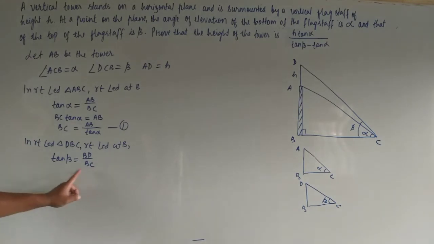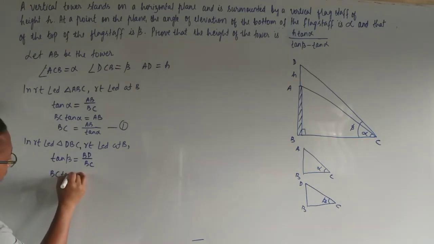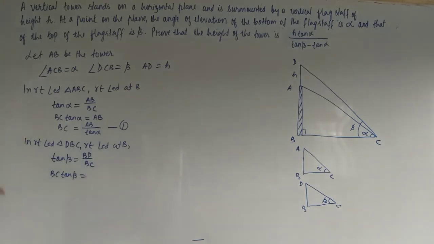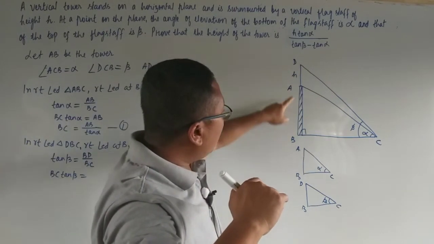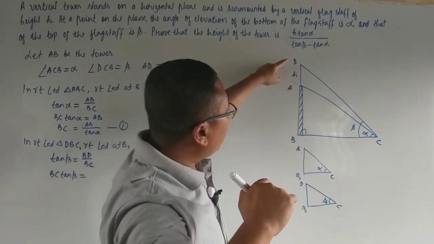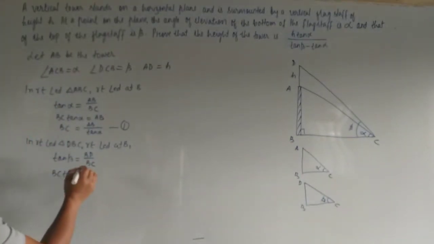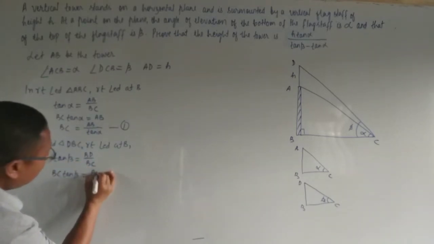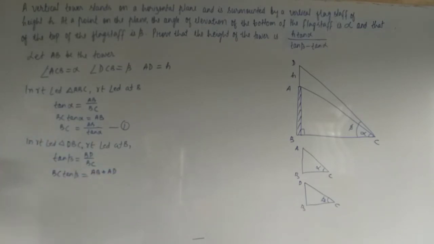Now cross multiply again, so you will have BC tan beta equal to BD. So now if you look at the figure, look at BD. So BD can be written as BA or AB plus AD. So this is BD.